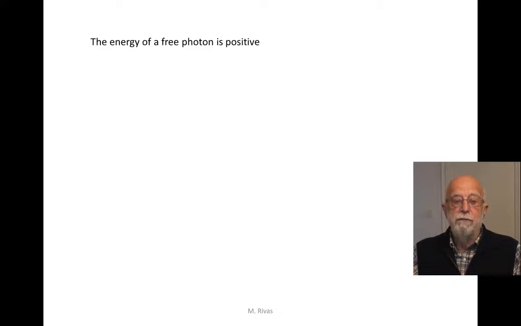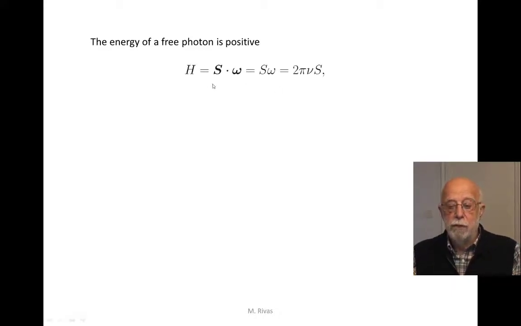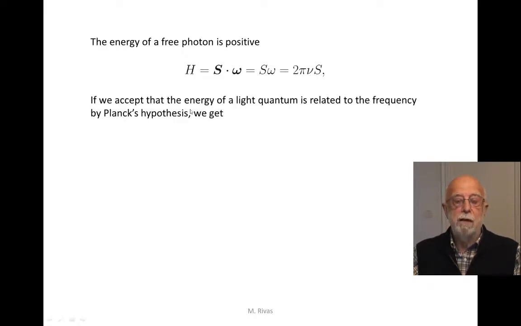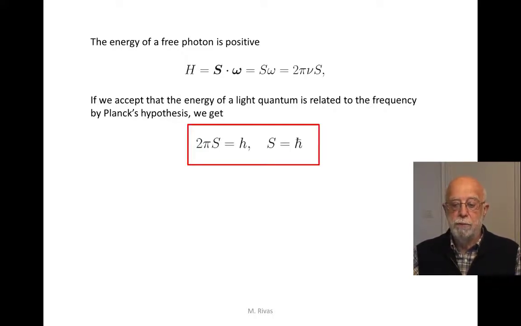Now the energy of a free photon is positive, and if we write it in this way, because these two vectors are collinear, the scalar product is the product of their moduli, the modulus of S and the modulus of omega, which can be written in terms of the period, 2 pi, as 2 pi times the frequency. Now, if we accept Planck's hypothesis that the energy of a quantum of light is Planck's constant times its frequency, we get that 2 pi S is Planck's constant, so that the spin of this classical model is necessarily Planck's constant divided by 2 pi.